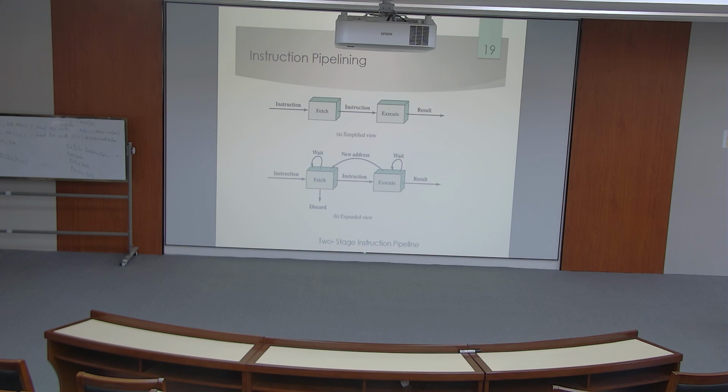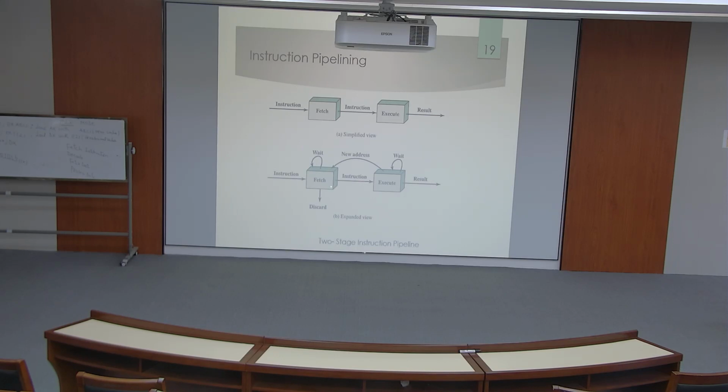Now we have instruction fetch for the first instruction. We have instruction decode, execute, then get the result. In a simplified view, when the first instruction is fetched, it goes for decode. Then the next instruction will be in its fetch cycle, and so on. So the microprocessor will be able to execute multiple instructions in the same clock cycle.